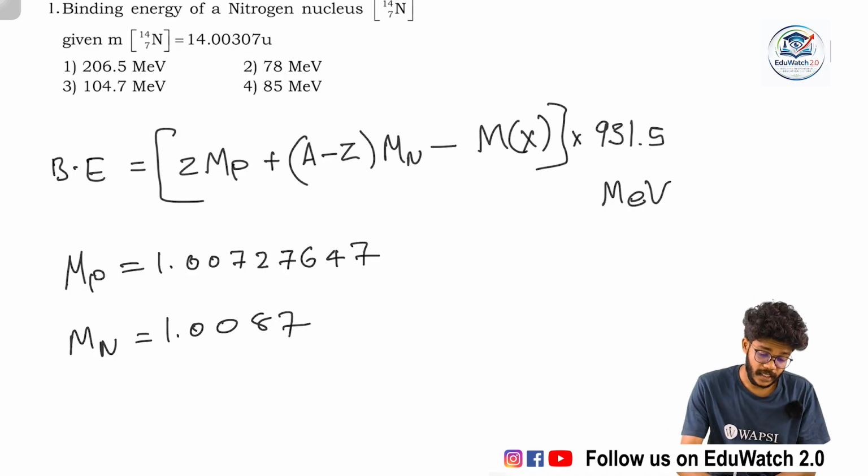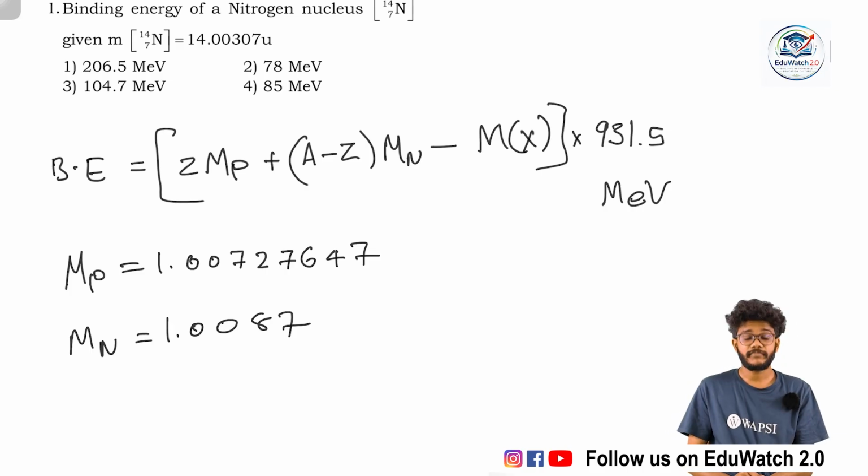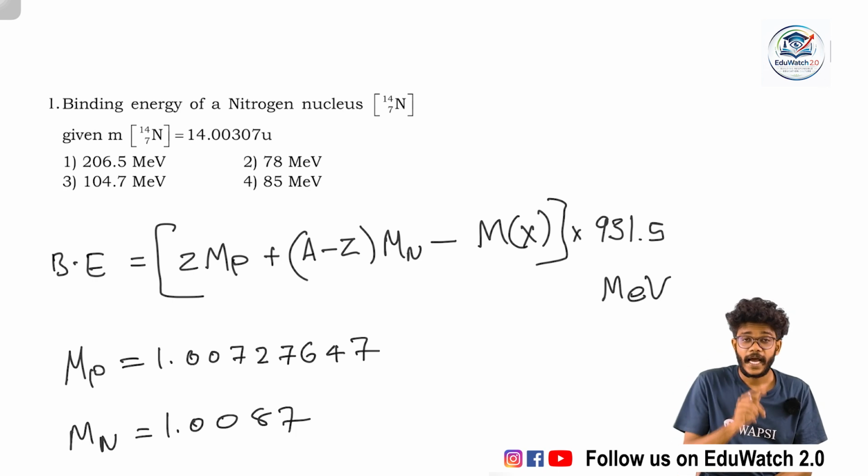In this question, for 7N14, 7 is the number of protons, and 14 minus 7 again gives 7, so 7 is the number of neutrons.